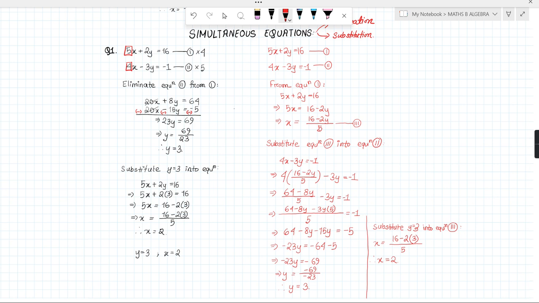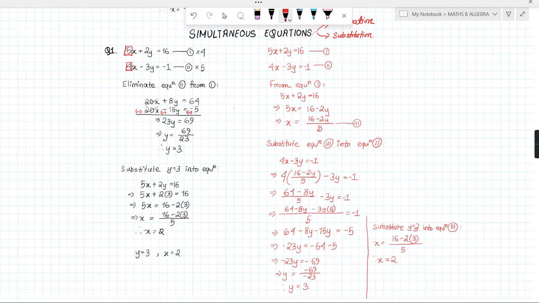In the elimination method, you multiply the coefficients of a certain alphabet in interchange with the other equations, and then you eliminate one equation from the other so that you can focus on only one alphabet. You get the value for one alphabet, and then you substitute that value into any one of the equations, right?